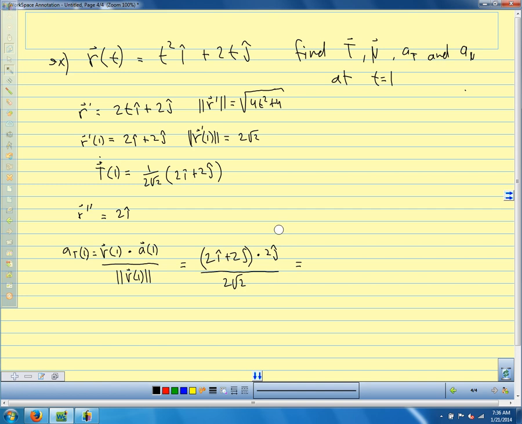So we just end up with square root 2. And that is our a sub t at 1. Our tangential component of acceleration at time equals 1 is square root 2.